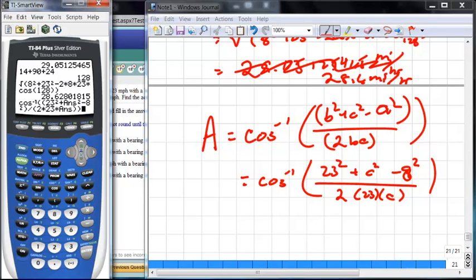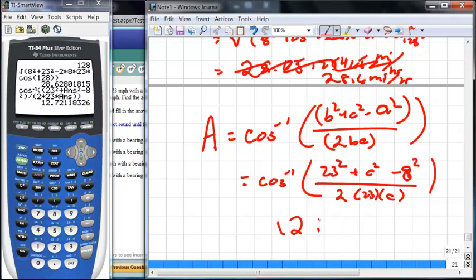Okay, I think this is right. About 12.72 degrees.